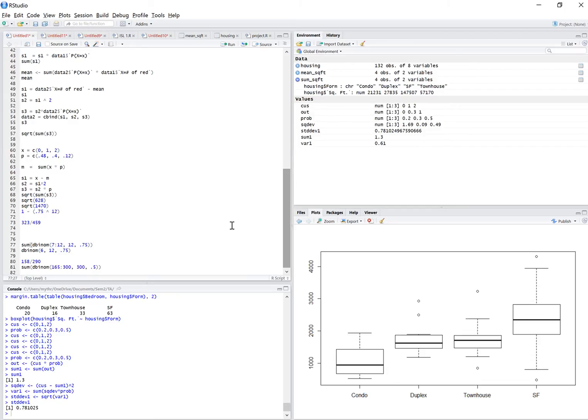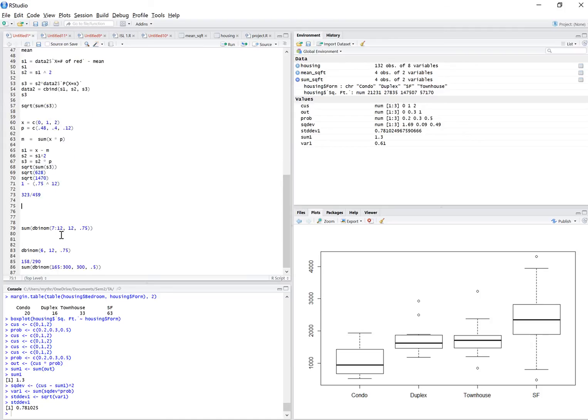They took 12 people for their test, and you want to find the probability that at least 7 of them are right-handed. When you say at least 7, it could be 7, 8, 9, 10, 11 or 12, so I'm using the d binomial function.